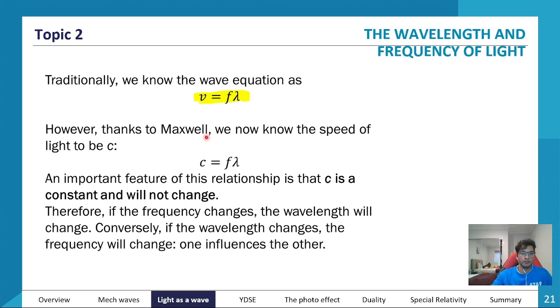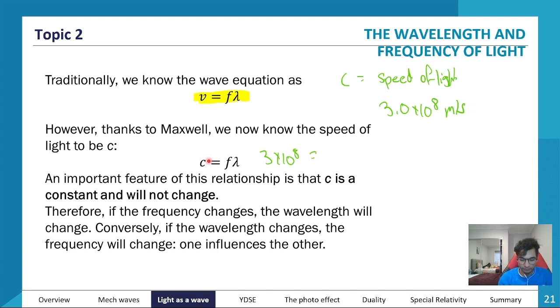It's just that velocity has been swapped out for the speed of light. So if you ever see c, that's basically the speed of light, which is 3.0 times 10 to the 8 meters per second. So essentially this formula is saying 3 times 10 to the 8 is equal to frequency times wavelength. Again, same formula, just the velocity has been swapped out for the speed of light.